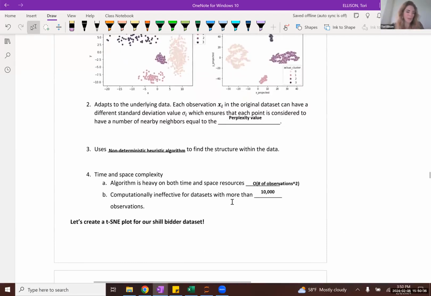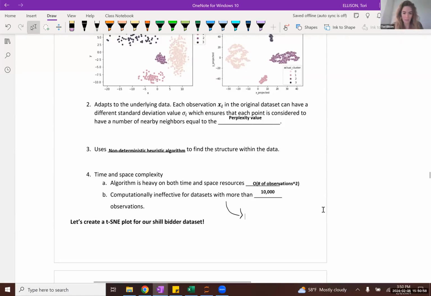Okay, but can we think of a potential workaround for this? Any ideas as to what we could do? So let's just say we want to determine the clustering structure of a data set with like a million observations. Yeah, exactly. That's something that we can in fact do here.